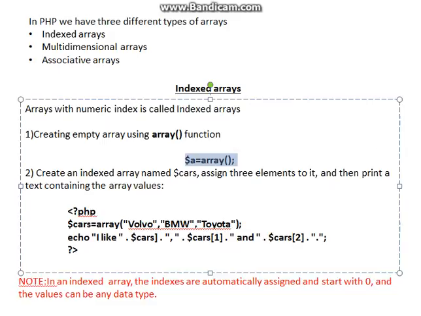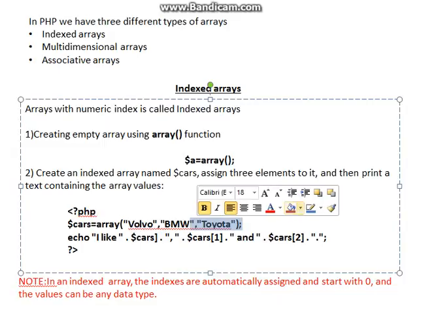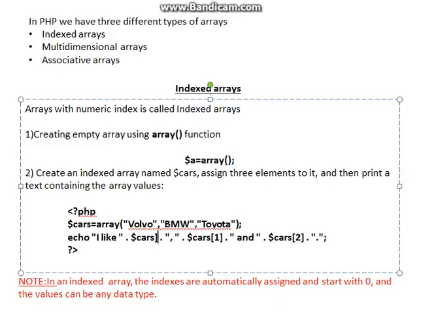We can also create an array with a number of arguments. As an example, here we have created an array called cars with three different string values. As I said previously, each individual value is referred to by a numeric subscript. Here the first value is indicated by the numeric subscript 0.